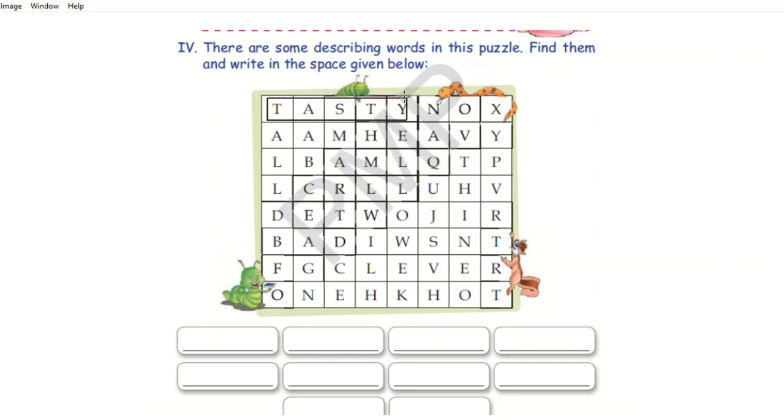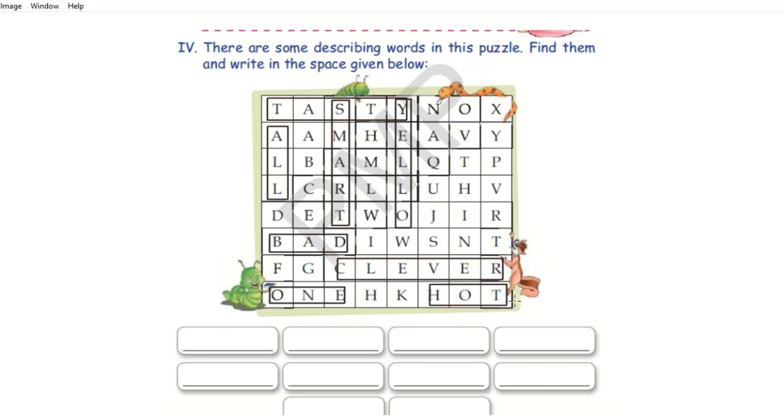Tasty, yellow, smart, all, bad, clever, one, hot.